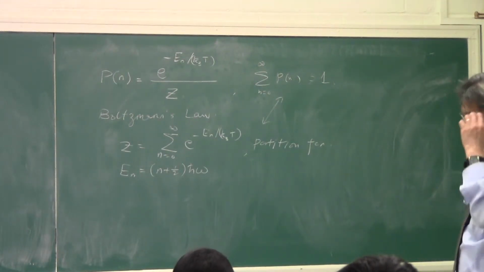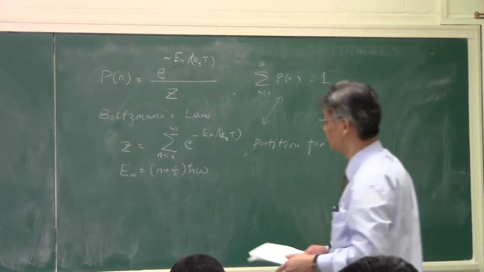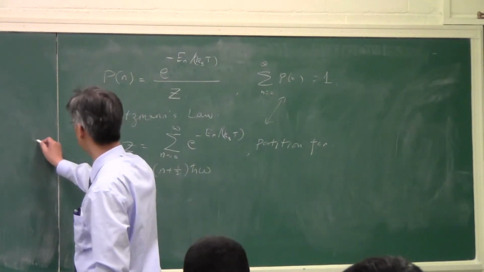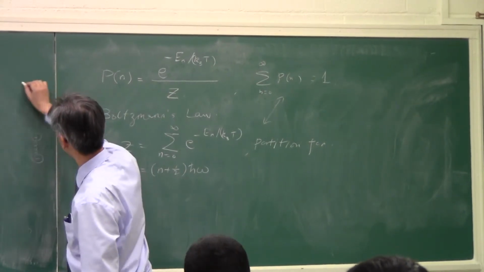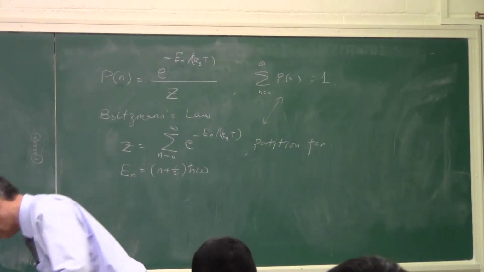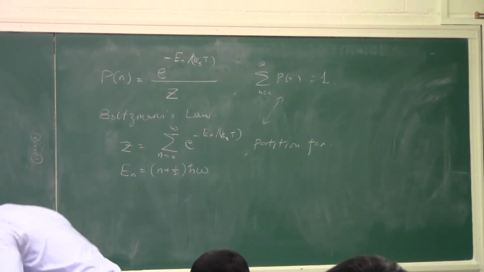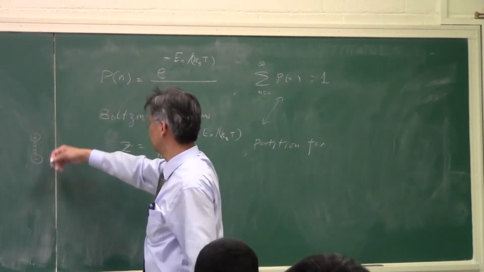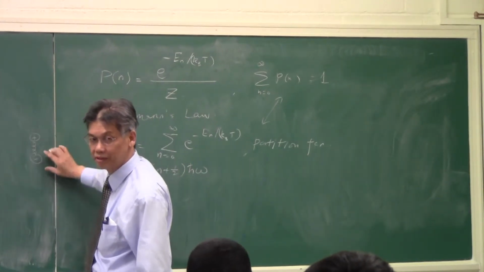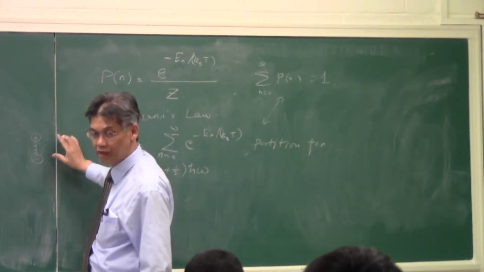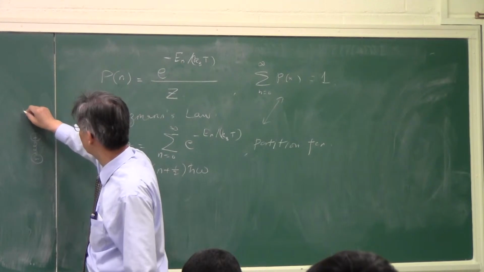Now, if you imagine the quantum harmonic oscillator to be in thermal equilibrium with the background thermal bath, then this quantum harmonic oscillator will absorb energy from the environment. It also gives out energy to the environment. That's what thermal equilibrium is.